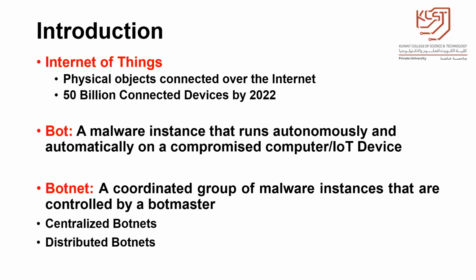Since 2010, the number of those devices has been increasing, and they are helpful in many ways. Google is working on Google Home, and Qualcomm is working on a similar smart home environment. So many companies are working on such environments, and the Internet of Things is presenting unique security challenges.